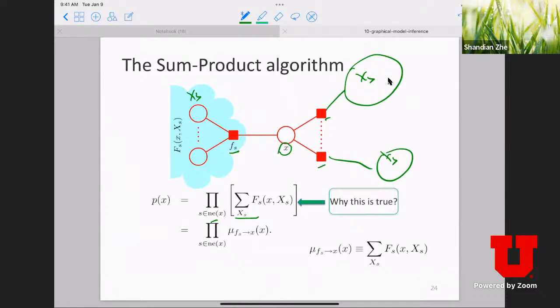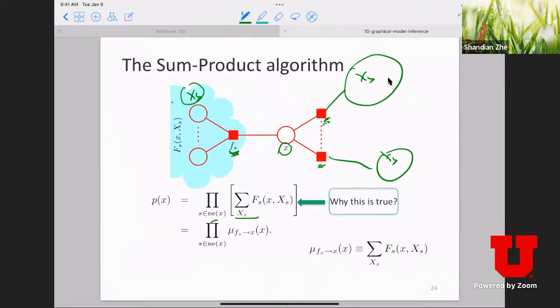Then all the neighboring factors connected to x correspond to subtrees, with the neighboring factors as the subtrees' roots. Because they are different subtrees, the variable nodes inside each subtree are not overlapping at all.